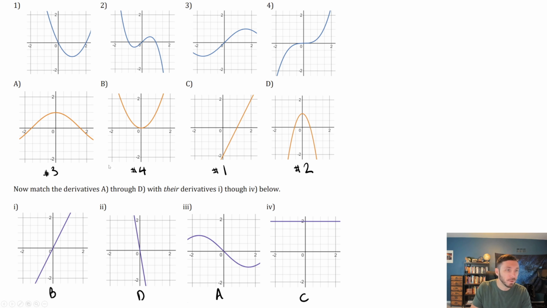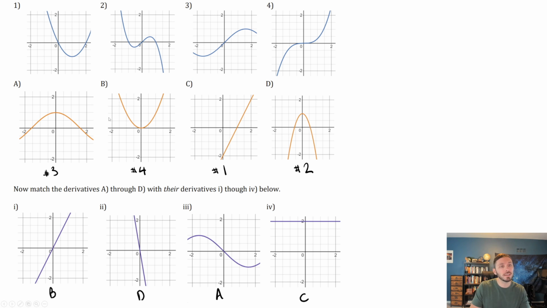But I encourage you to look at the fact that this appears to look like cosine or like a trig function. You can see it leveling off here. It doesn't just keep going like a parabola would. It starts to taper back into a slope of 0. So keep that in mind as we hit the rest of these up. As of right now, I would say A matches with either 2 or 3.